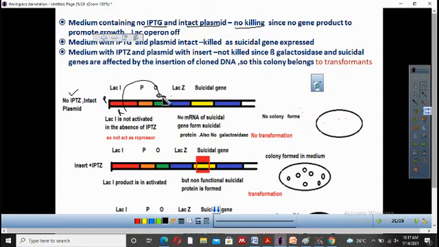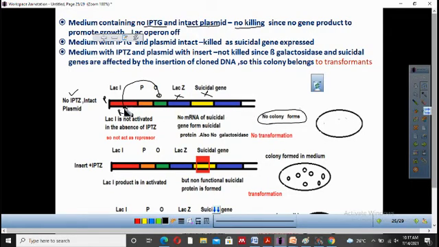When it binds, there is no expression of the lacZ and also no expression of the suicidal genes. So due to the absence of this lacZ, there will be no growth, and the suicidal gene is not produced, it doesn't have any effect. So it is due to the absence of lacZ that no colony is formed.